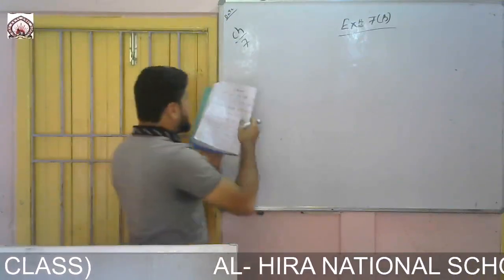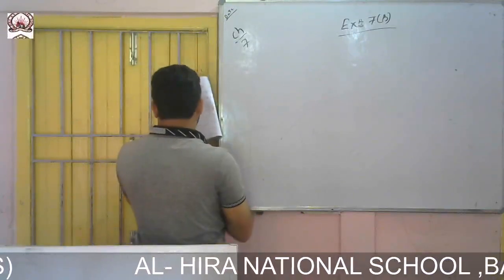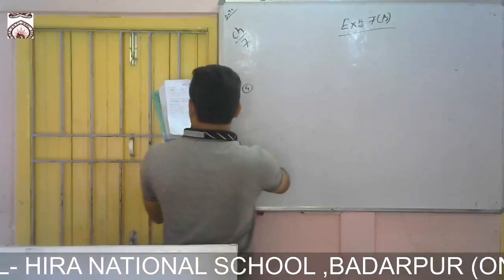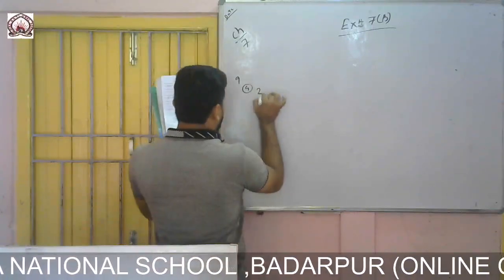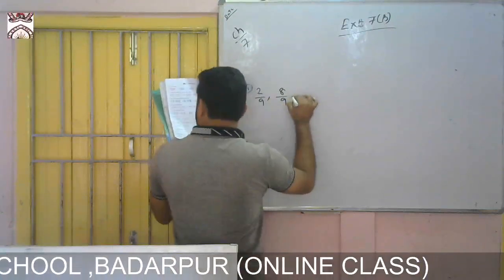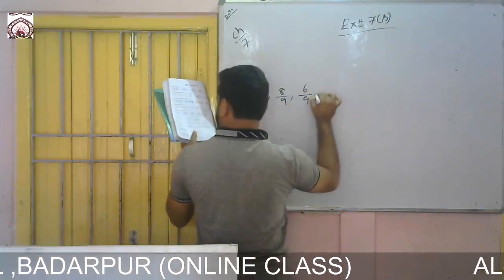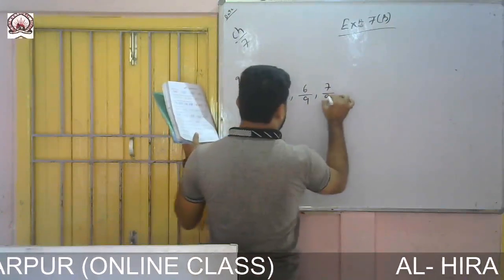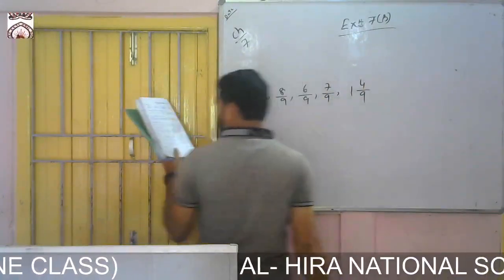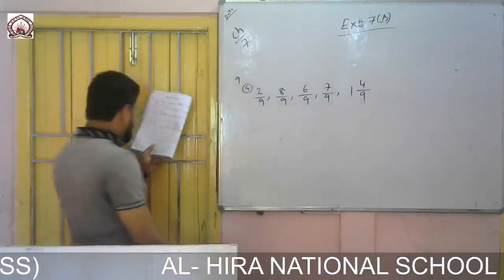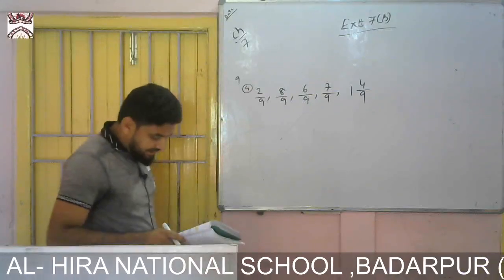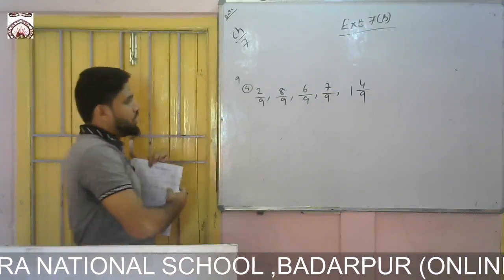Question number 9A: 2 by 9, 8 by 9, 6 by 9, 7 by 9, 1 4 by 9. We have to write in descending order, that is from bigger to small.